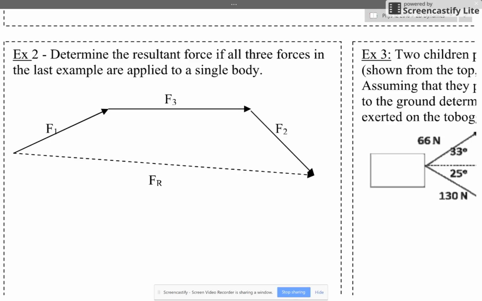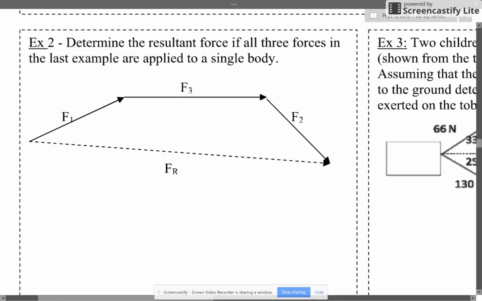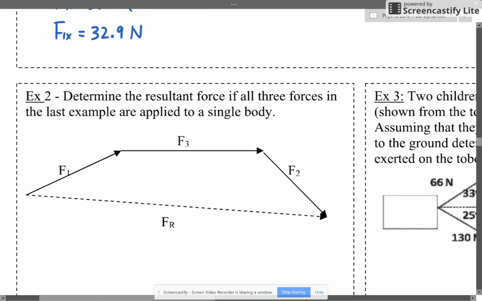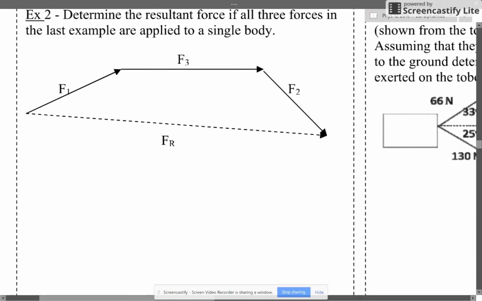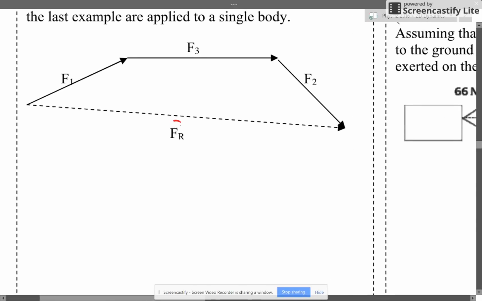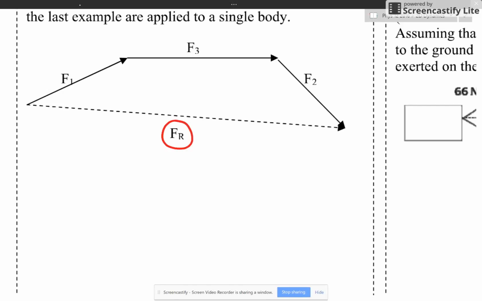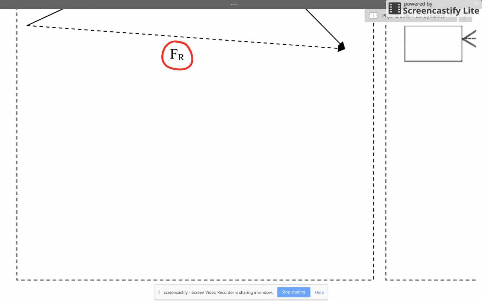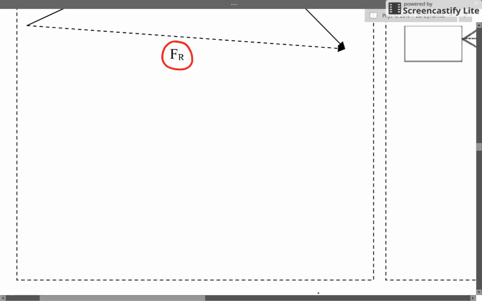You have to do it by using components, right? Since we already broke F1 into x and y, F2 into x and y, and F3 doesn't have to be broken, our resultant force, this force R, should be very easy if we just sum up the components in a chart. That's what we always do, right? We do the chart thing.